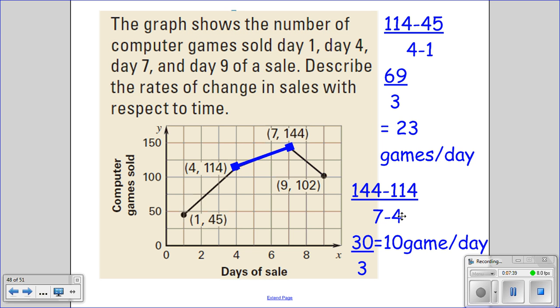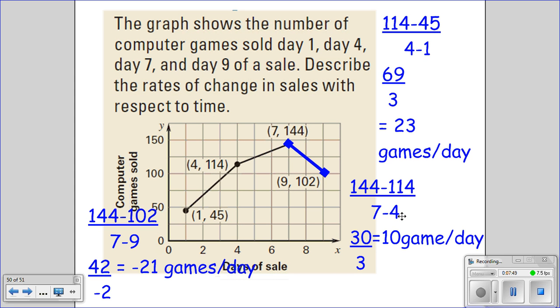The next part of the line, though, is going the other direction, which says to me there's a negative slope. We have 144 minus 102 over 7 minus 9, and yes, that does give us a negative 21 games per day. So that says that the number of games being sold per day is decreasing.